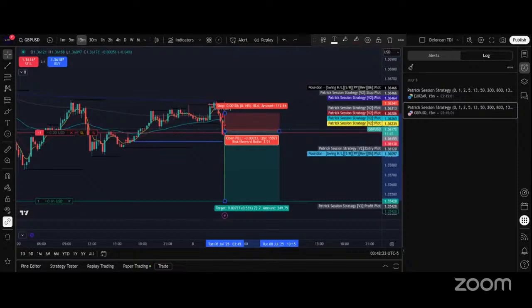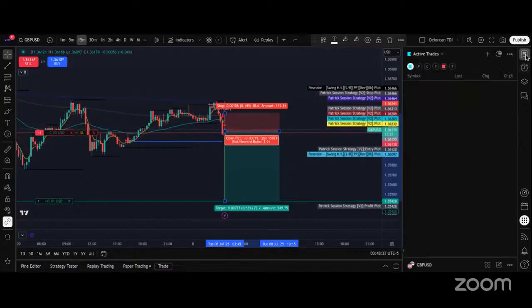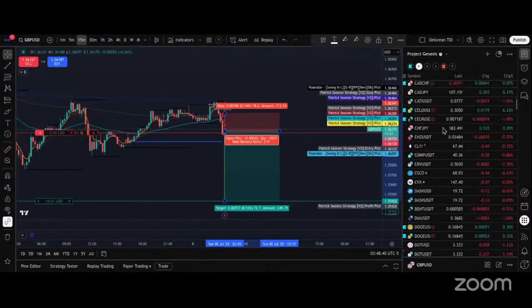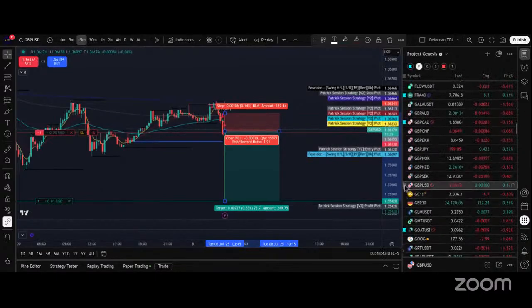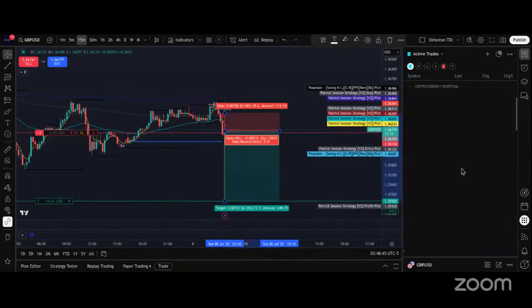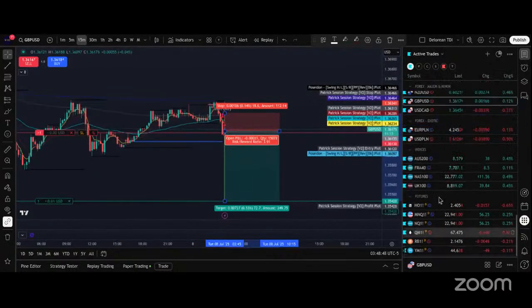Take profit is going to be 1.35428 for 73 pips. And a risk to reward ratio of 3.91.